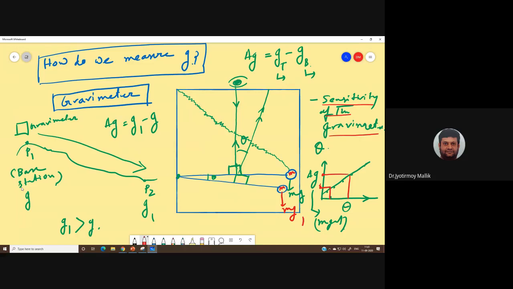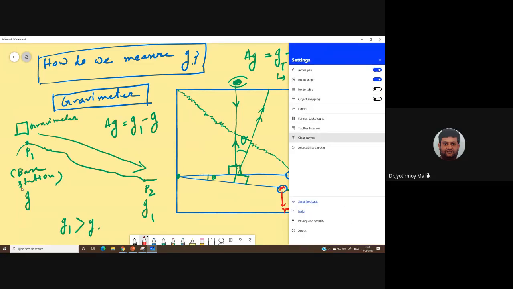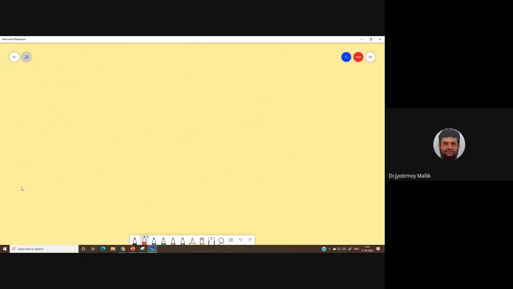So this is how we have calculated g measured.